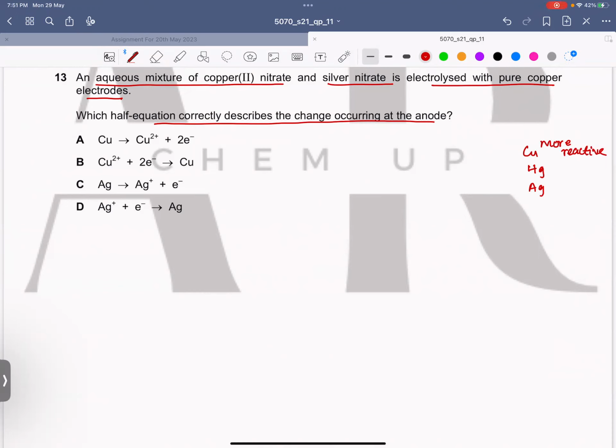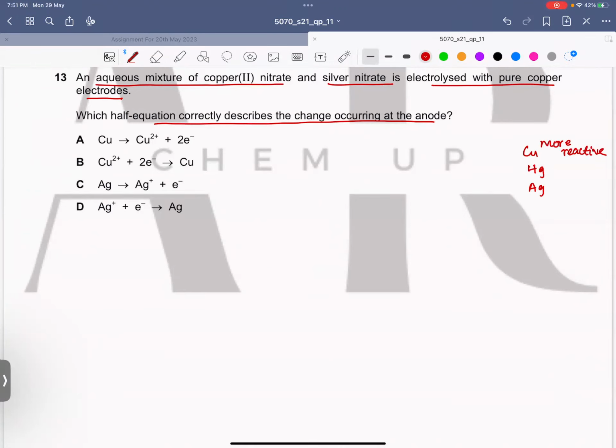If the copper is more reactive, then in the case of silver nitrate as an electrolyte, copper behaves as an active electrode, not an inert electrode. Whenever there is an active electrode, no anion is attracted towards the anode; instead the anode is oxidized.